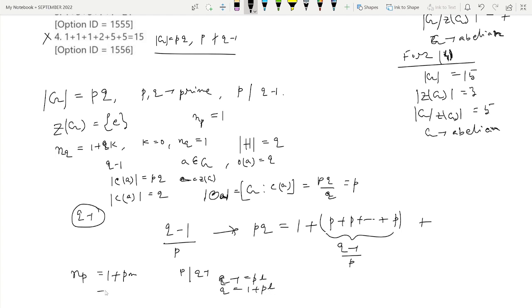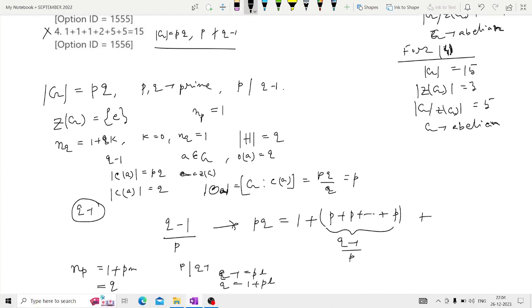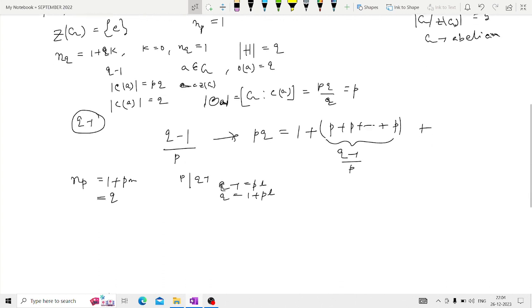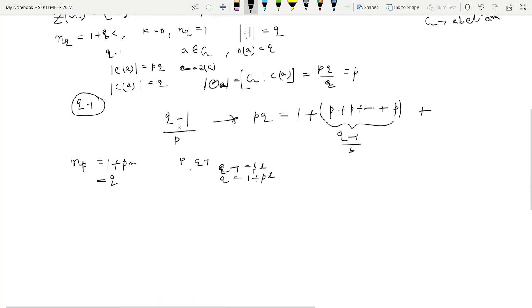So this NP, since this divides P into Q, actually this divides Q. So this will actually be equal to Q because Q is prime. So now there are Q Sylow P subgroups, say H1, H2, dot dot HQ. These are the Sylow P subgroups.